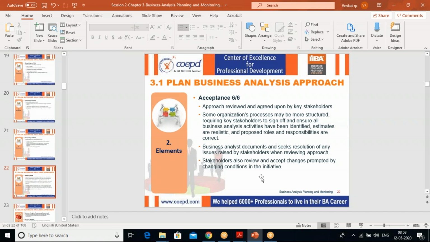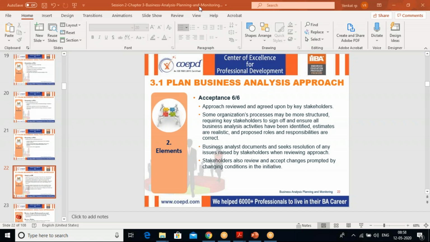Now if you want to summarize it, here we have these 6 points. Number 1 is planning the approach, second is formality and level of detail of business analysis deliverables.